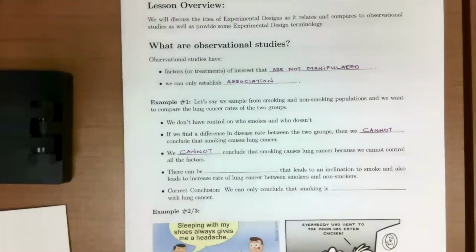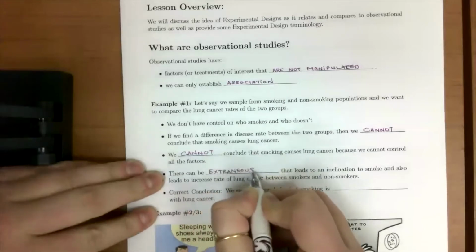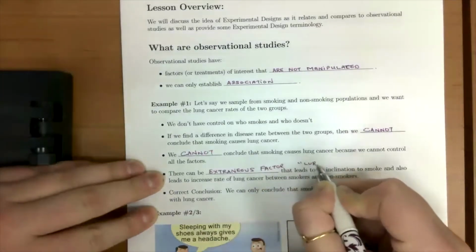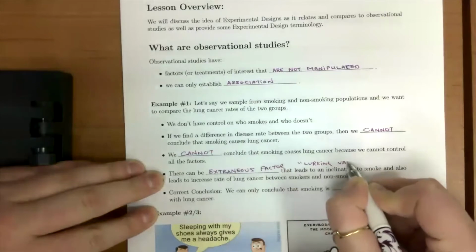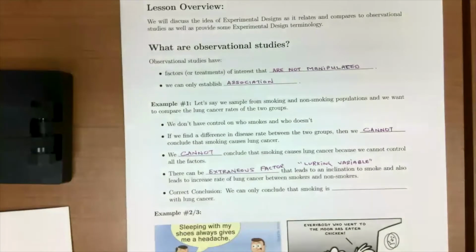And so there can be extraneous factors, sometimes also called lurking variables, that lead to the inclination of smoking and also increase the lung cancer rate. And so with observational studies, we aren't controlling external factors.